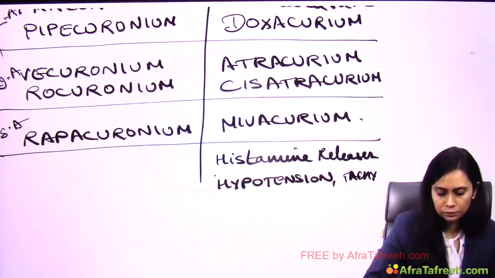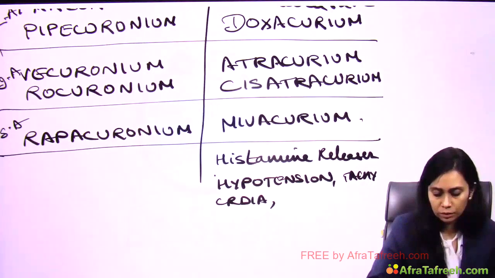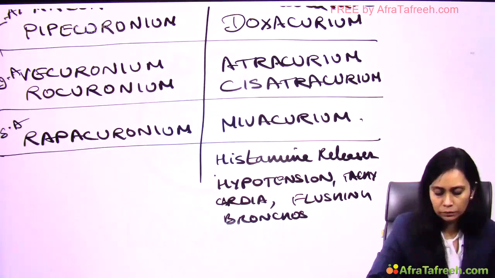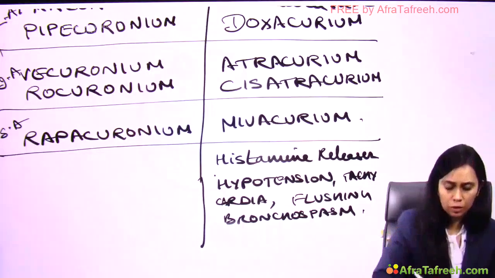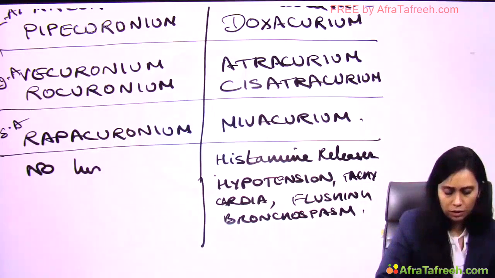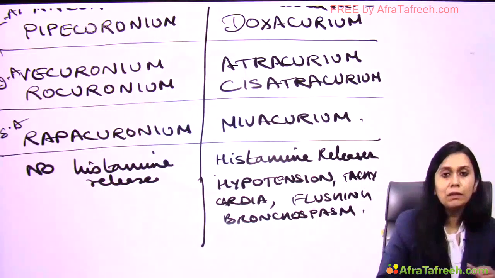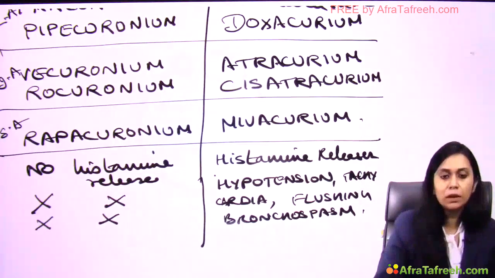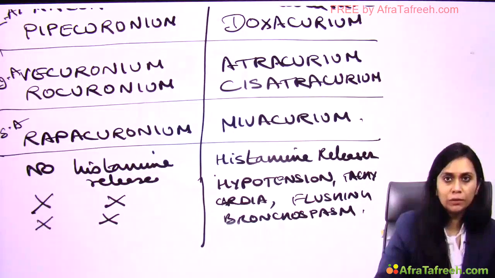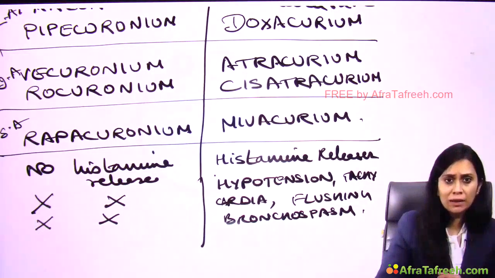So the typical four clinical features of histamine release: hypotension, tachycardia, flushing and bronchospasm. The aminosteroid group has no histamine release, and these bad clinical features will not be seen with it. So which group should be cardiovascular stable?